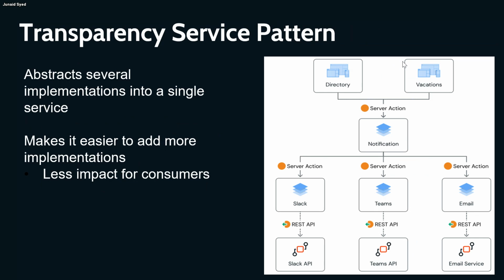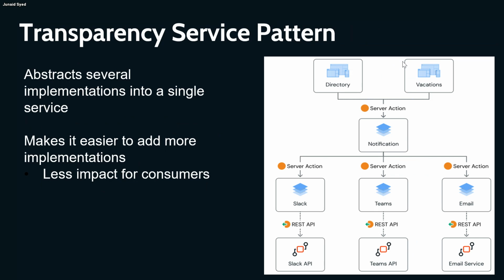There is one for Slack, one for Teams, one for email, and each one of those libraries is connecting to the external system through the REST API, right? The more layers we add, the more abstraction we introduce.